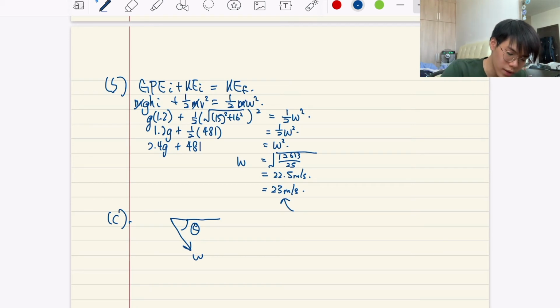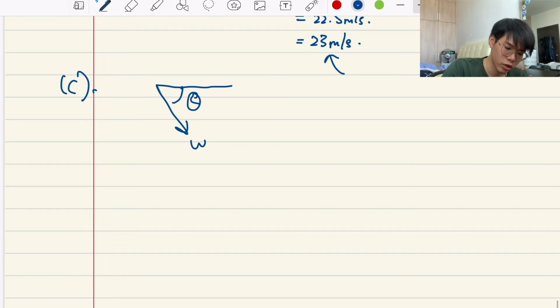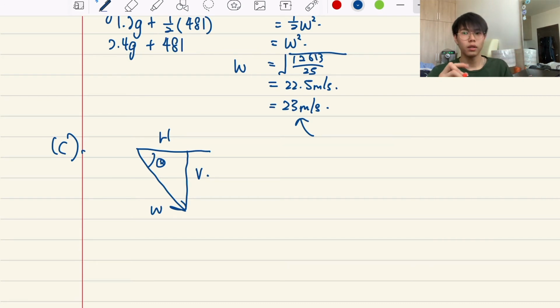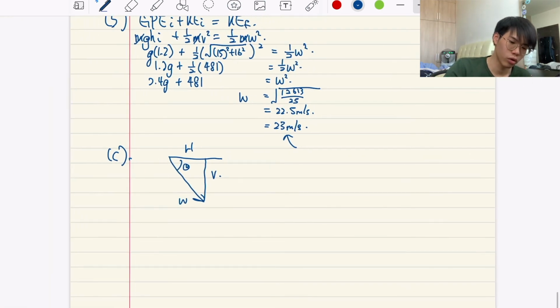To find this angle, we need to use trigonometry. Since we have w, we need to find either the horizontal component or the vertical component. Here, I will find the horizontal component, and I will show you why.